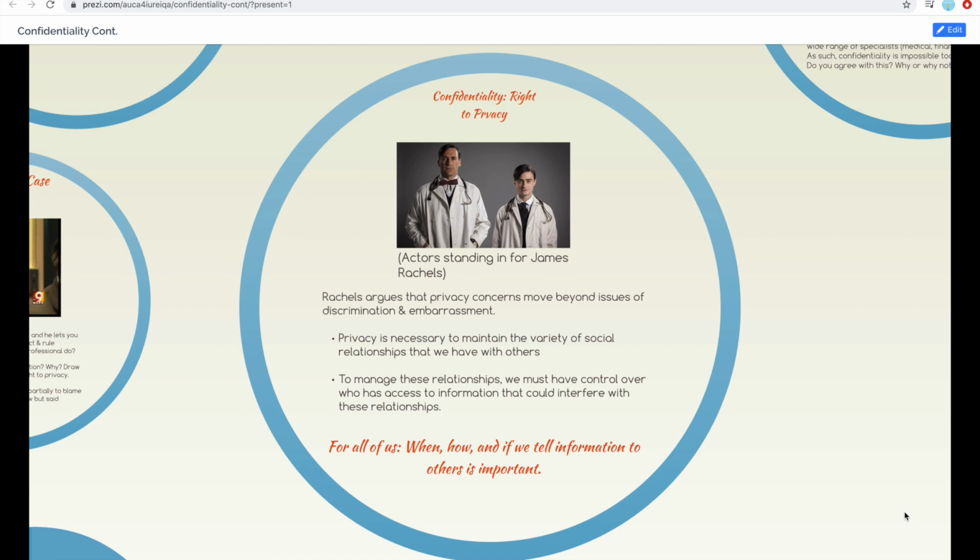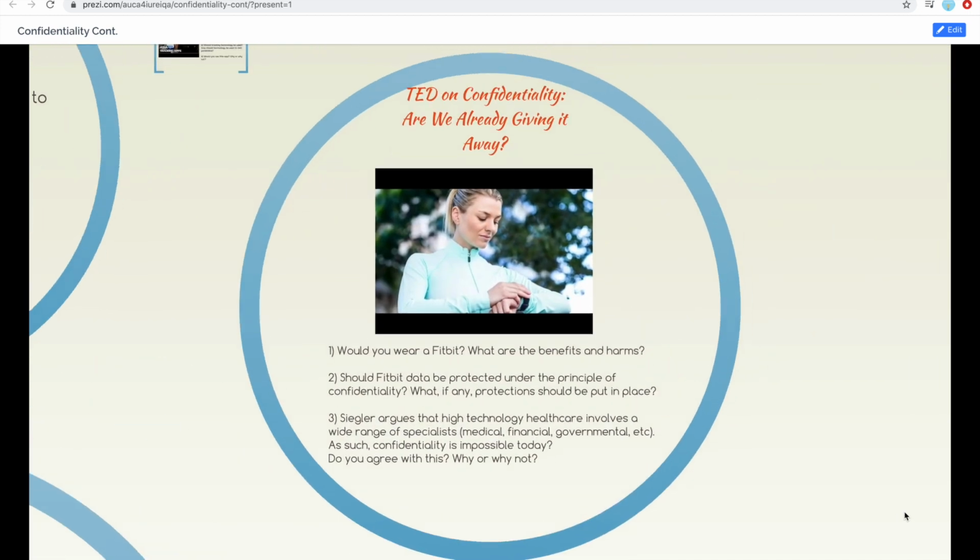How many of you have experienced information being shared on Facebook or Instagram or TikTok or Snapchat or whatnot, a social media platform? How many of you have experienced that information being shared when you weren't ready to have it shared, and how that could have negatively hurt your relationships? And Rachels thinks that we should very much take that type of harm into account.